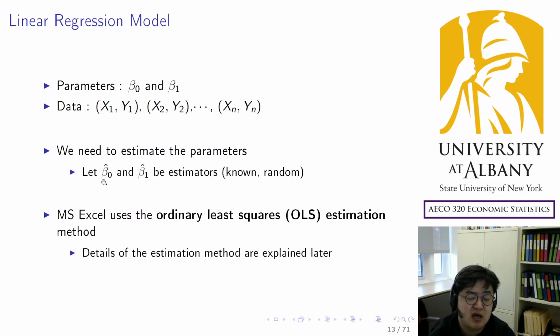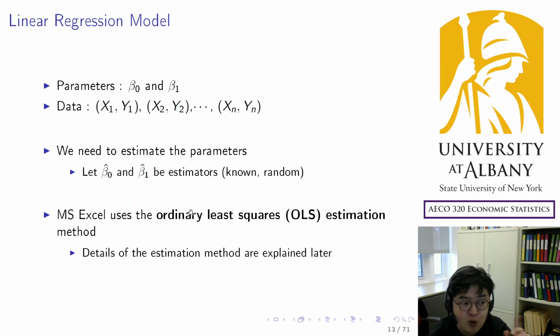And then the question is, how do we estimate those things? How do we calculate those estimators? That's the key, and the method is called the ordinary least squares estimation method. Usually we call that OLS.